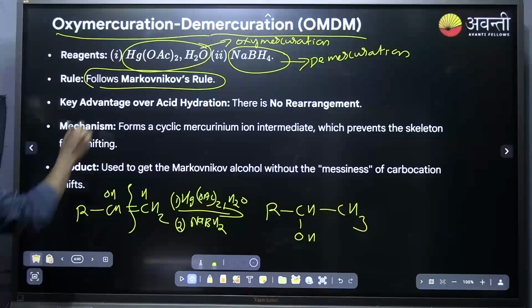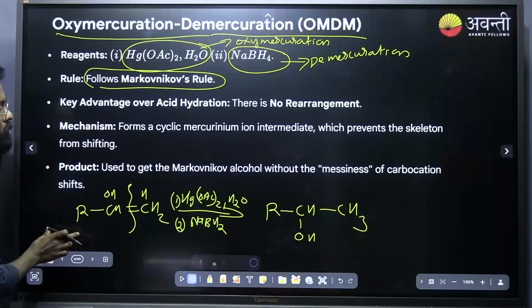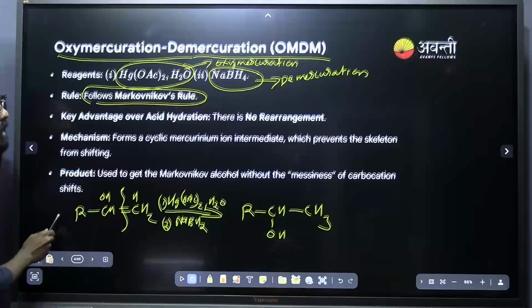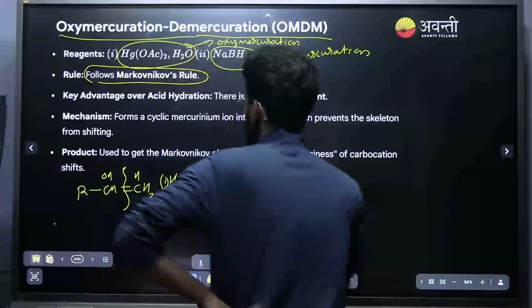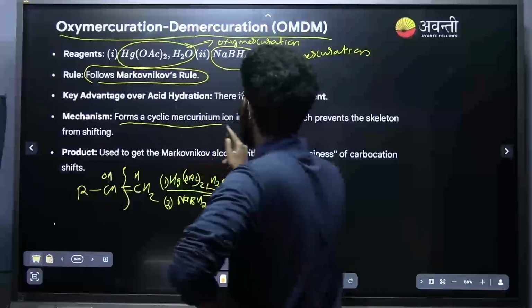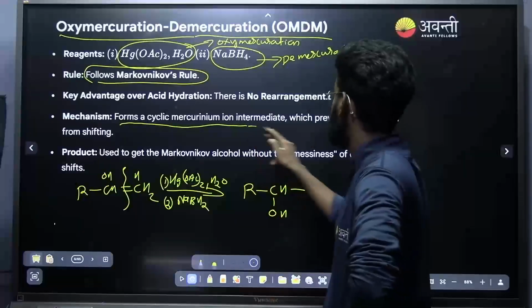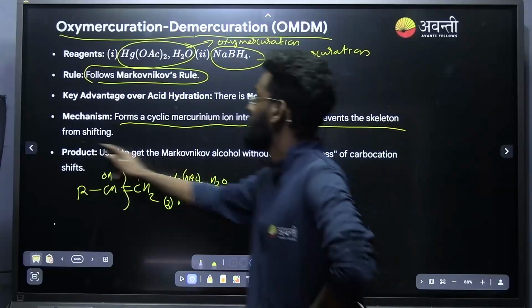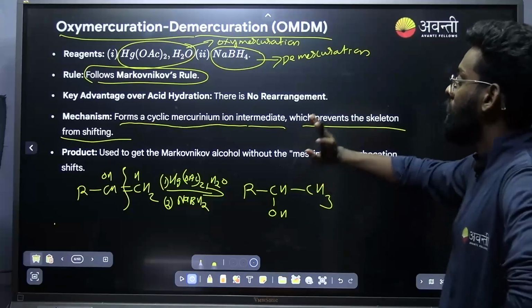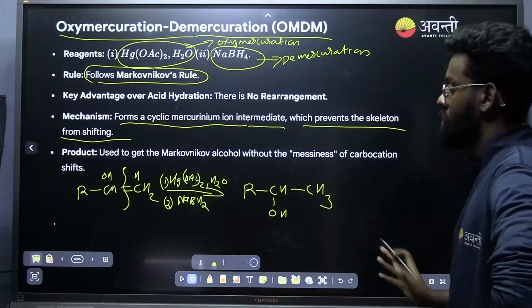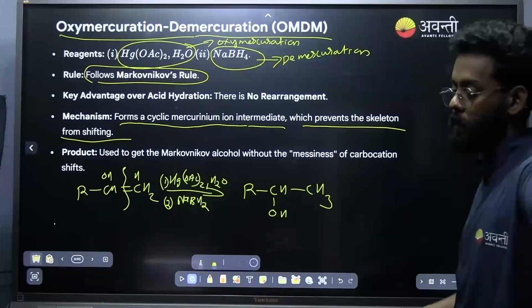And here it is following the Markovnikov rule, and there is no carbocation rearrangement. Why? Because it forms a cyclic mercurinium ion intermediate, which prevents the carbon skeleton from shifting. Because of that, we need not worry about carbocation rearrangement. Just follow the Markovnikov rule completely.